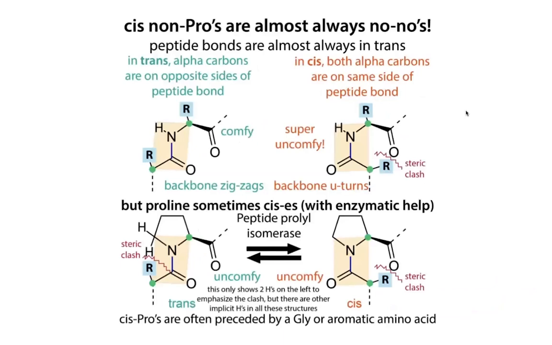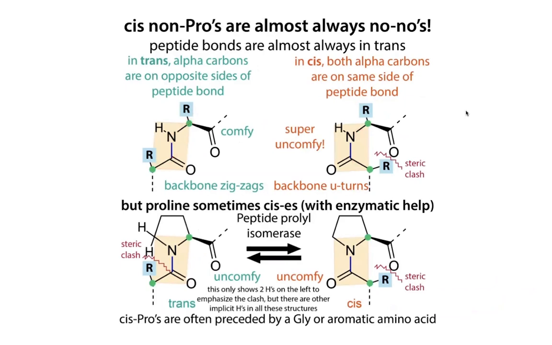For almost all of the amino acids, we're always going to see it in the trans form. I know it sounds like I'm saying transform like Transformers, but I mean trans, space, form. Basically it means that the C alphas, the alpha carbons attached to the R groups, are trans to one another, whereas in a cis conformation they're cis to one another.